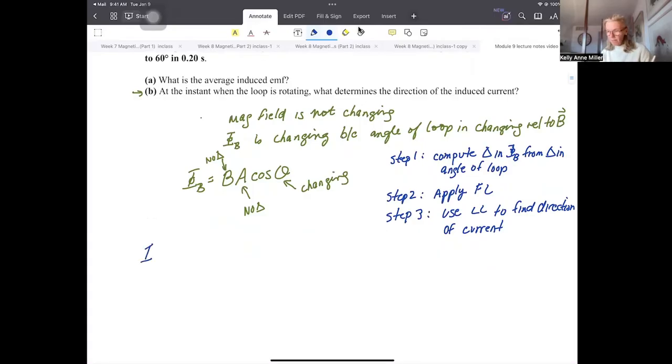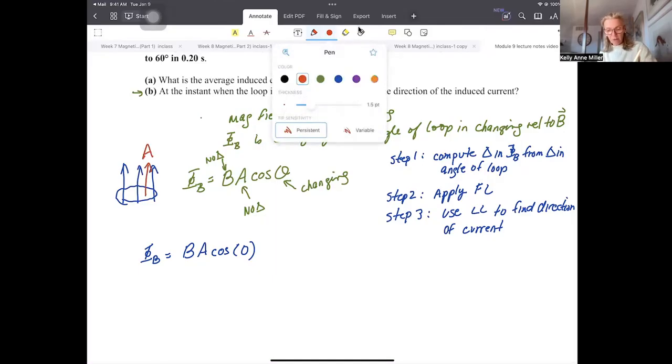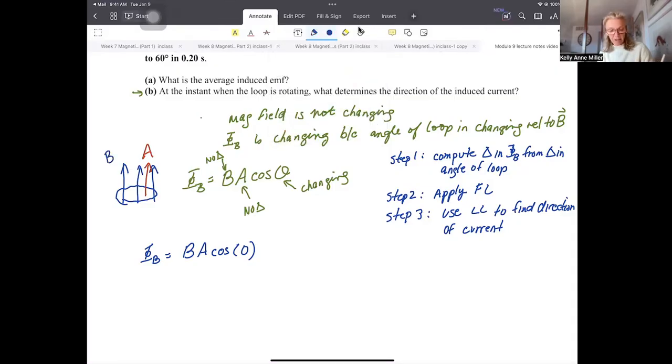So the initial flux is just going to be B times A, so the magnetic field, which is constant, times the area, which is constant, times cosine theta. And I'm going to say that the initial angle is 0. So in other words, if this is the B field, the loop is lying in the same plane so that the area vector is pointing in the same direction as the B field.